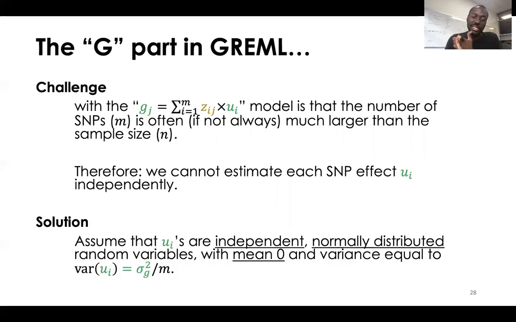We're assuming that the effects are normally distributed with a mean 0, essentially saying that sometimes the minor allele will increase the phenotype and sometimes the minor allele will decrease the phenotype, but on average it's 0, which is fair. And we're introducing that the variance of those effects is the genetic variance, sigma squared G, divided by the number of SNPs, right? Each SNP contributes the same in this case.